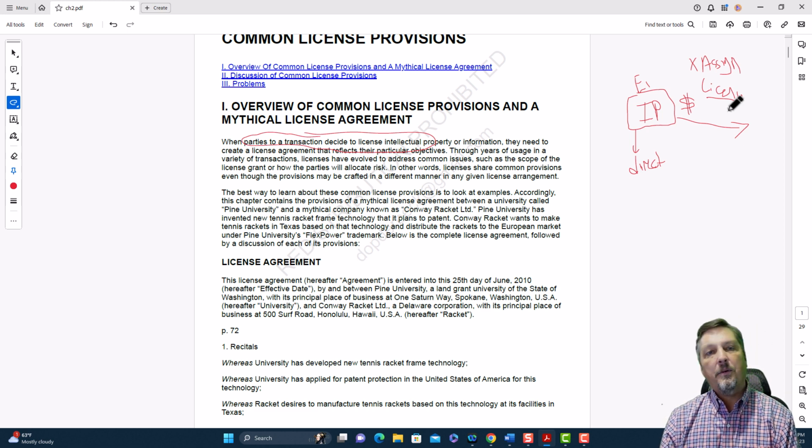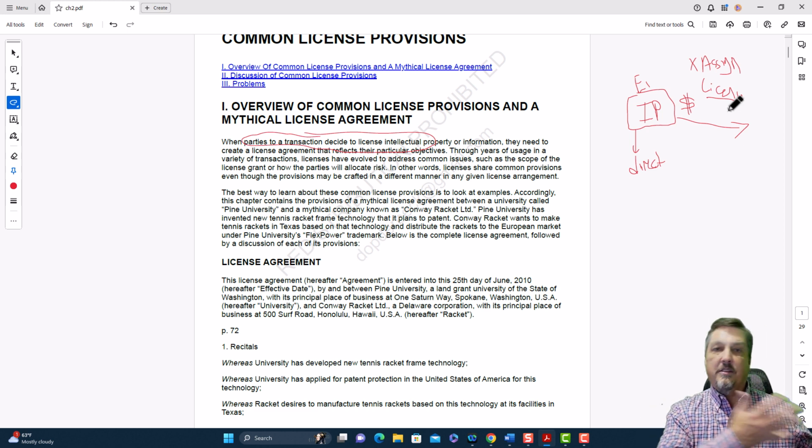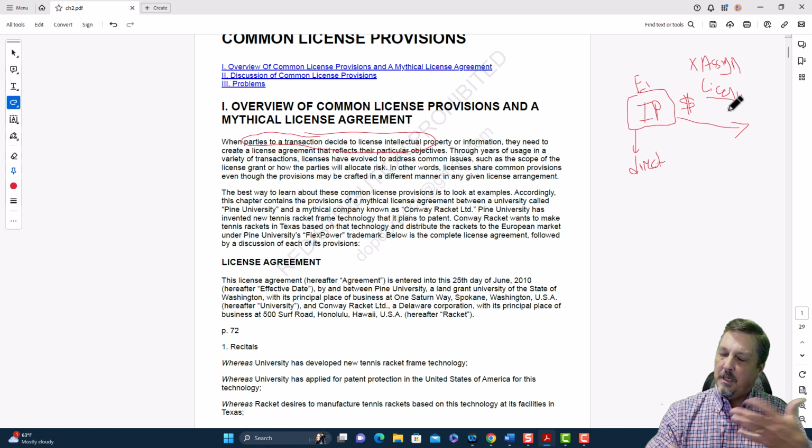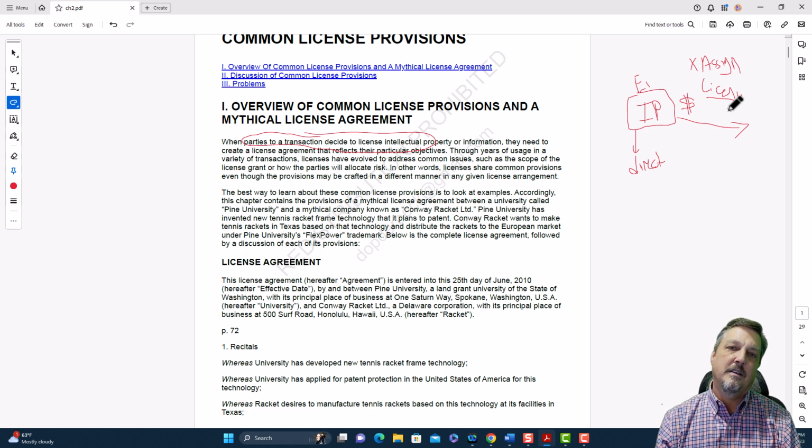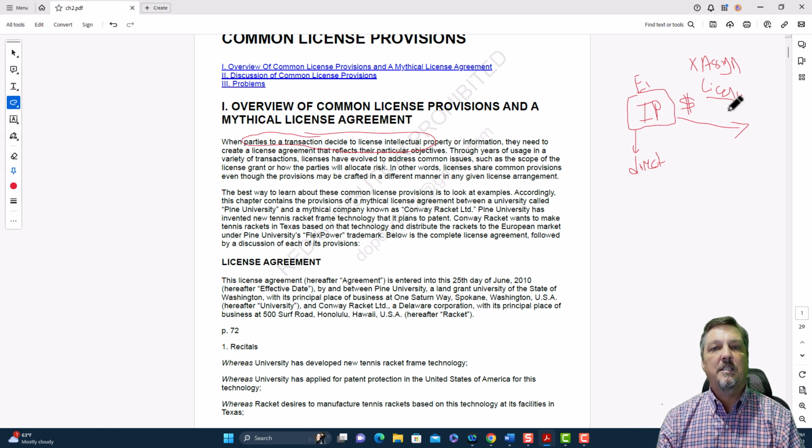Or I might say, you know what, I want to retain title to the house, but I just want someone to live in it in order to make the payments so that I can pay the mortgage and pay the taxes and maybe make a little profit on top of that, right? I could lease my house out. So in many ways, a license is like a lease of real property. The original owner retains title.